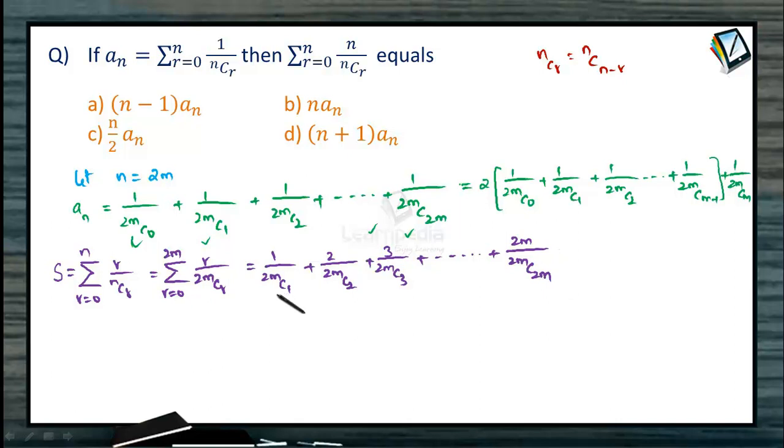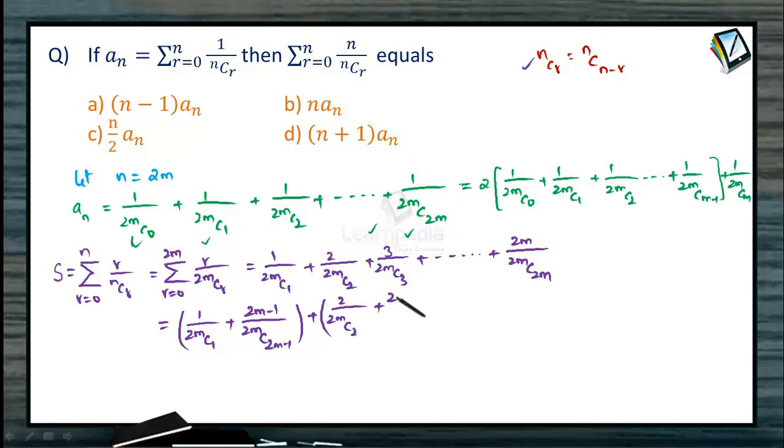Again, as we collect the terms according to the equality in binomial coefficients by this relation, how do the terms pair up? 1 by 2mC1 pairs up with 1 by 2mC2m minus 1, plus, how will be the pairing for 2 by 2mC2?